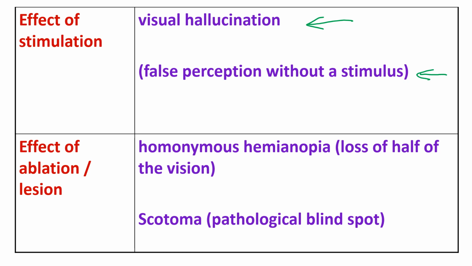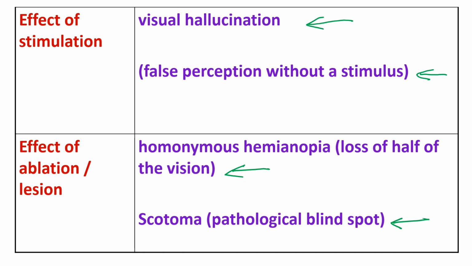And effect of ablation or removal of lesion, if one-sided, can cause homonymous hemianopia, loss of half of the vision. But if the lesion is small or discrete, then some small area will be lost in the visual field, which we can say pathological blind spot or scotoma.